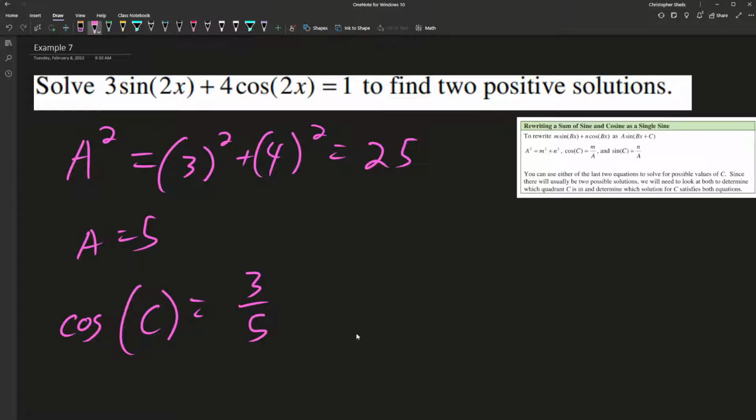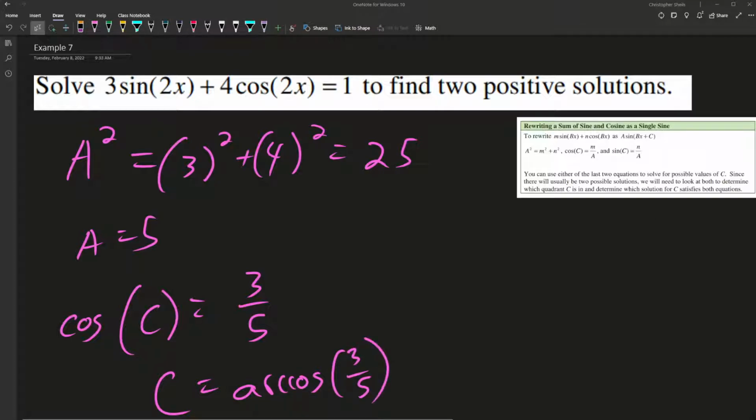Here, I have to use the arc cosine function, or the inverse cosine function, to solve, because there is no cosine value of 3/5 on my unit circle. So c is arc cosine of 3/5. And if I find arc cosine of 3/5, this is about 0.927.